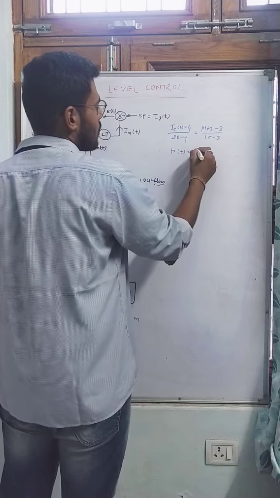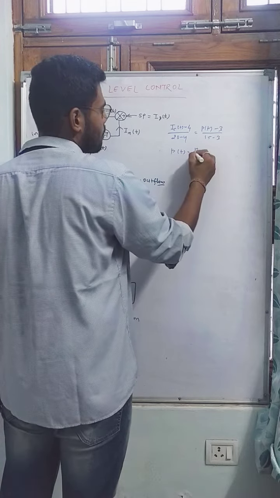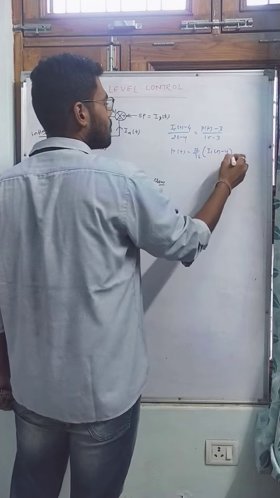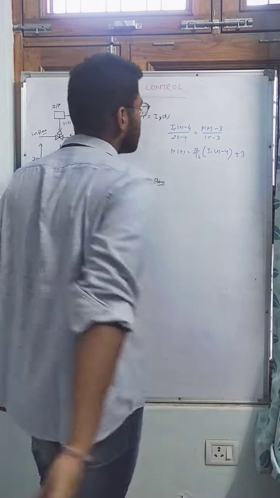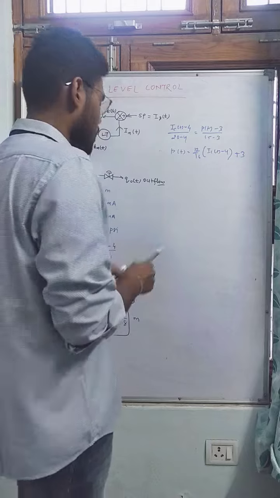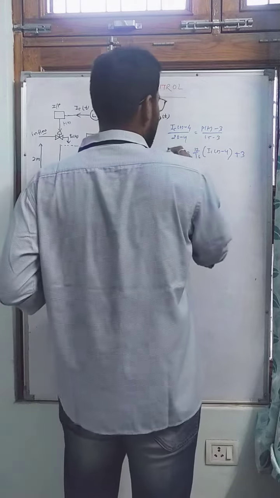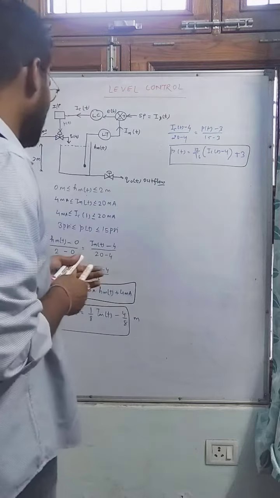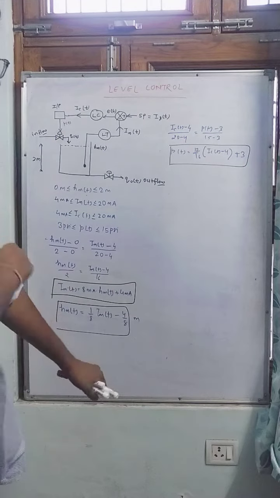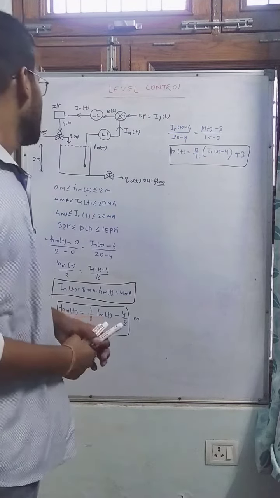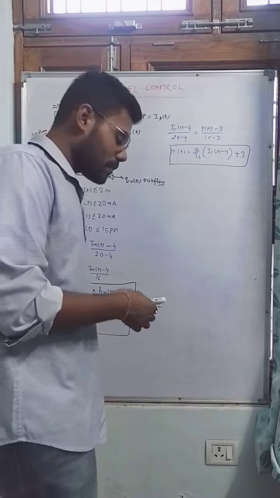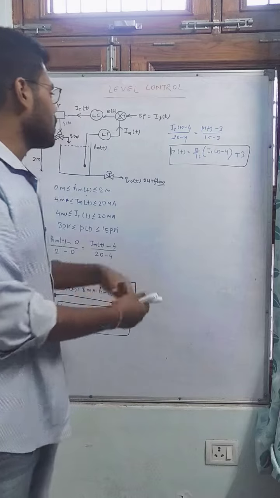PT is 12 by 16 into ICT minus 4, plus 3. So this is the relation between pressure PT and ICT. These are some simple analyses. Now we will start the process. Note it down till here.